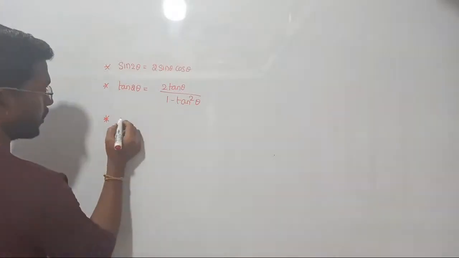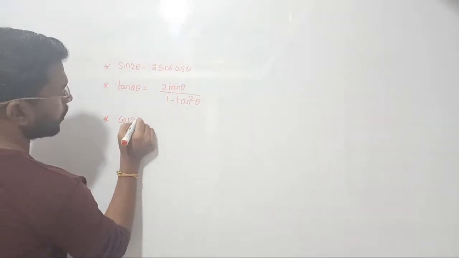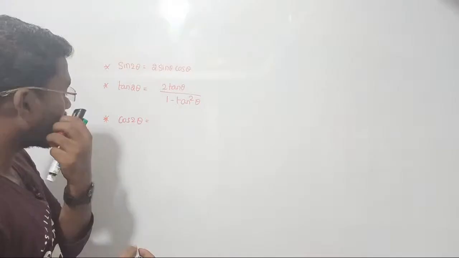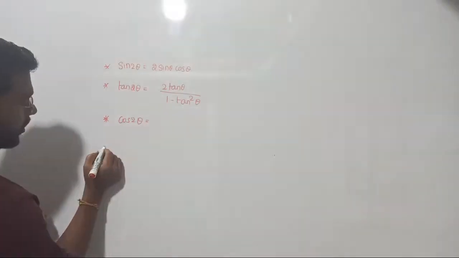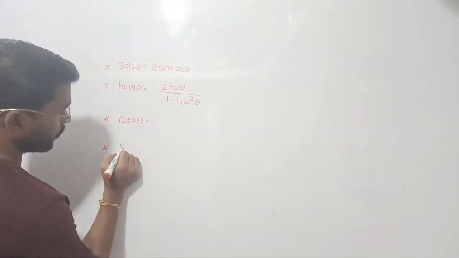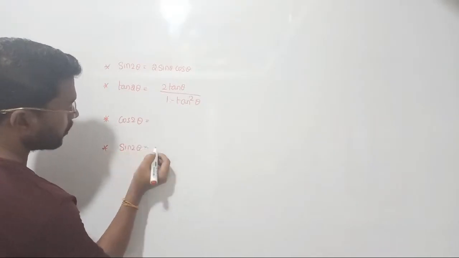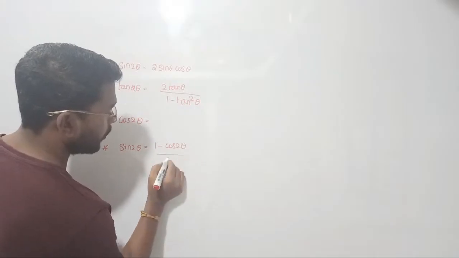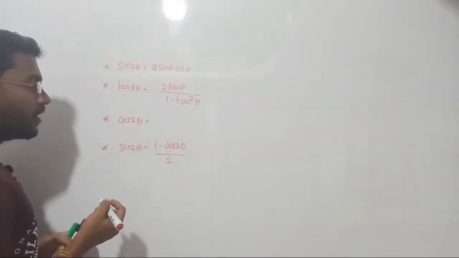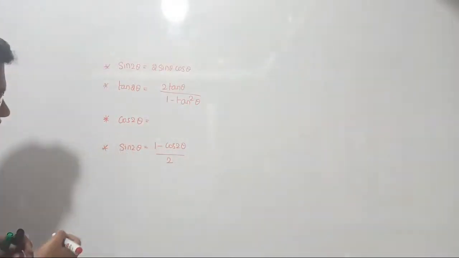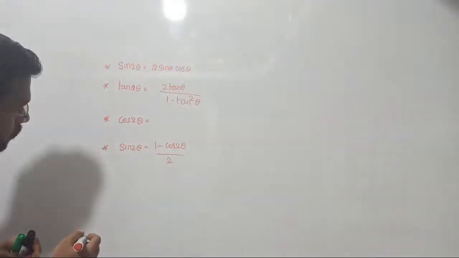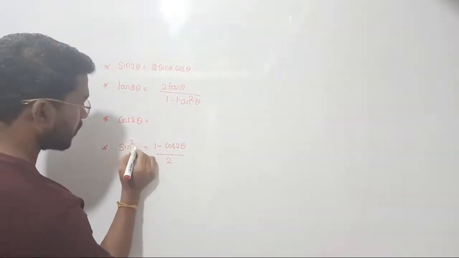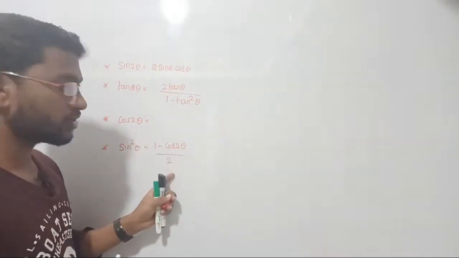Next, cos 2 theta. How would you write cos 2 theta? We can write two formulas here. First, sin square theta is equal to 1 minus cos 2 theta divided by 2.